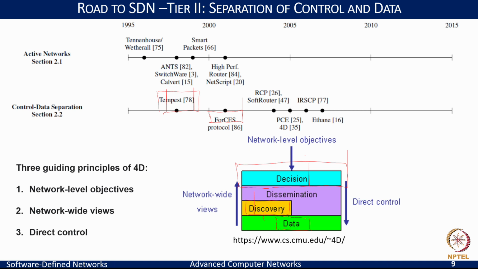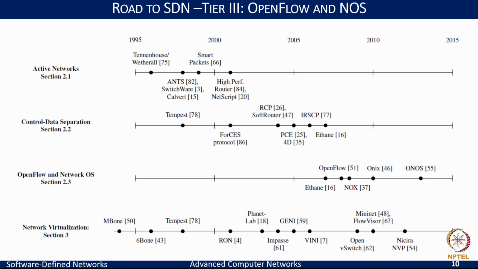So this is like a point where I can have a software or a program that can run, adapt, and tune the network characteristics to meet the network level objectives of having a robust network. And in fact, this work paved the way for how we think of today's software-defined networks.